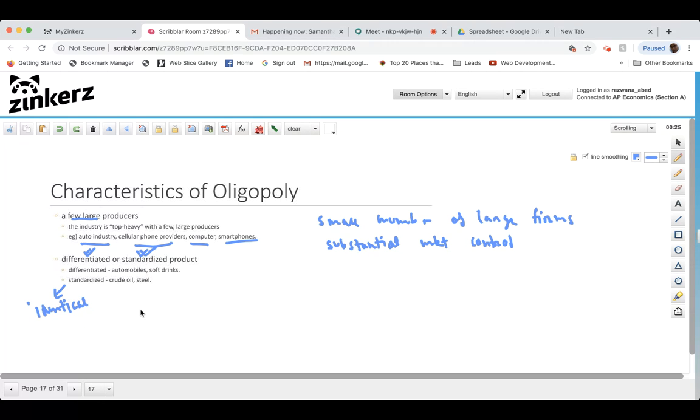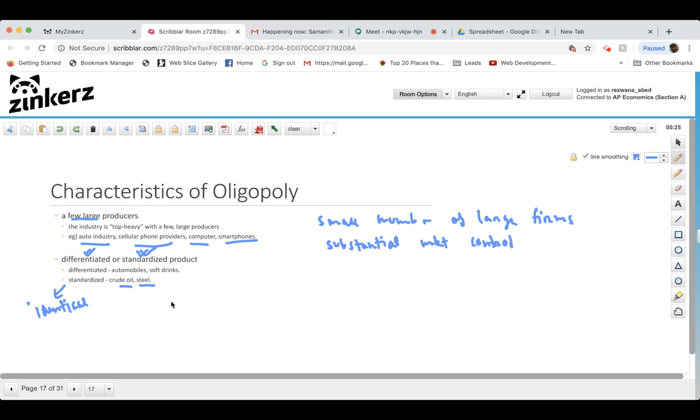These types of oligopolies tend to process raw materials, right? So crude oil, steel, they're usually types of goods that are used as inputs by other industries. So we don't use crude oil or steel as the end good, right? We use steel to build something.